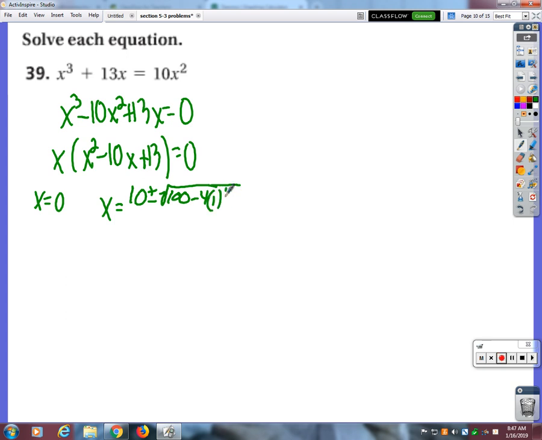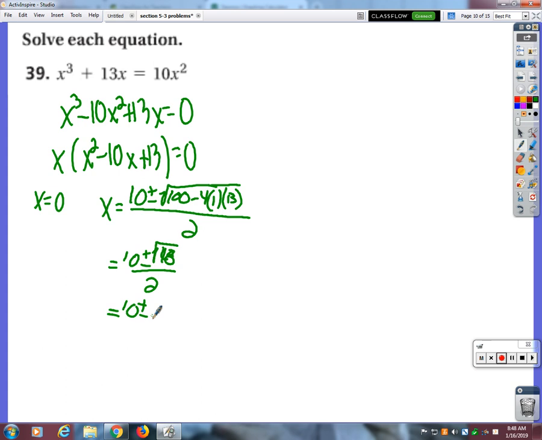I want to put a 1 there. All right, 4 times 13 is what? 52? Yeah, so then if I go 100 minus 52, I get 48, divided by 2. What is a number that you know the square root of that goes into 48 evenly?